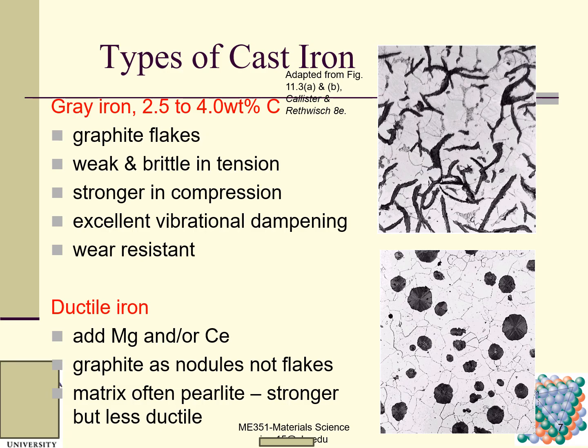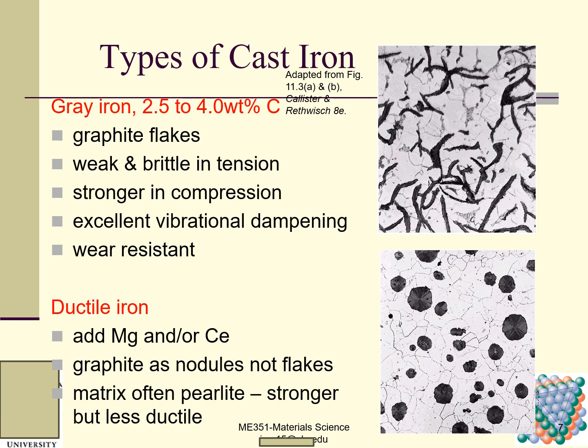So here are the types of cast iron. First we talk about gray iron. Gray iron has a carbon composition from 2.5 to 4.0 weight percent, and it has the following characteristics.